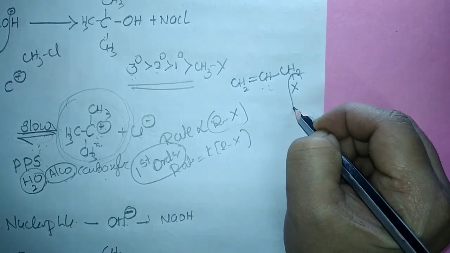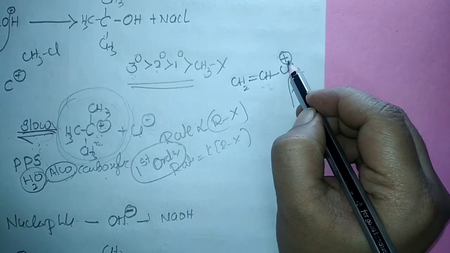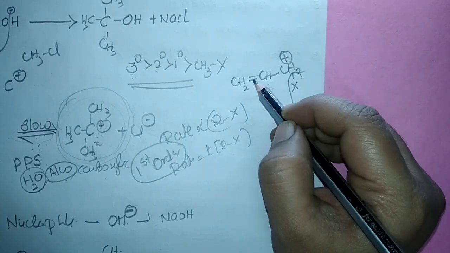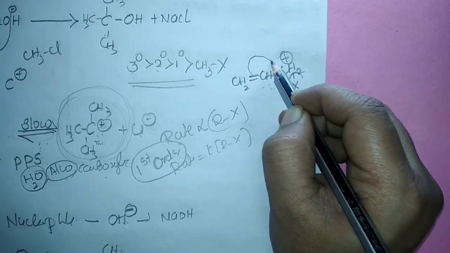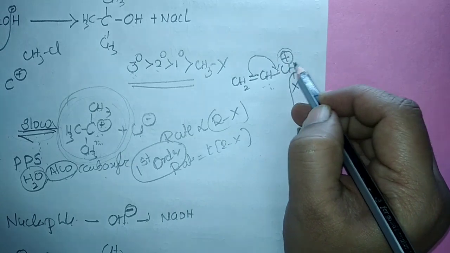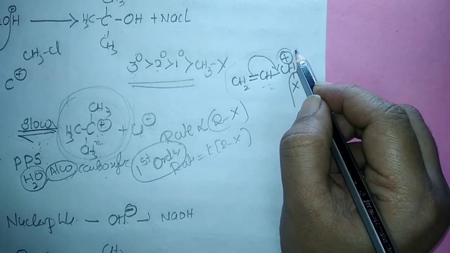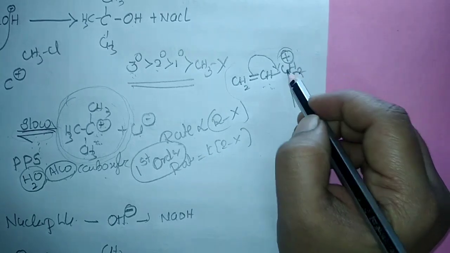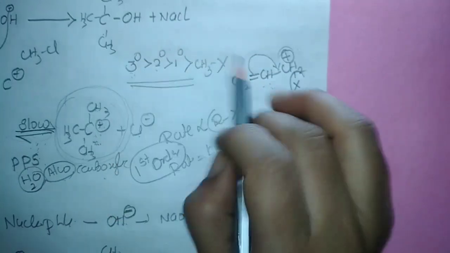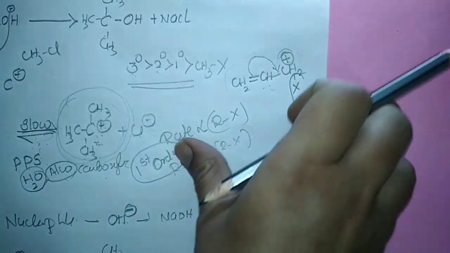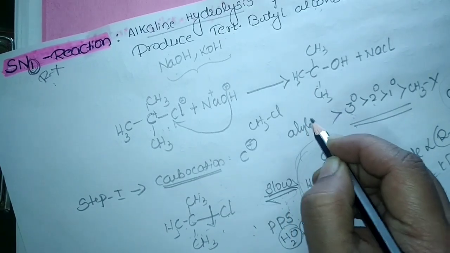Since this halide comes out easily, this will become the carbocation. This carbocation is stabilized by resonance, since we have a pi bond over here. This pi bond moves here so that it stabilizes the carbon with a positive charge. Due to this resonance movement of electrons, this allylic halide is more reactive for SN1 than tertiary. So before the tertiary, I can write over here the allylic carbocation.